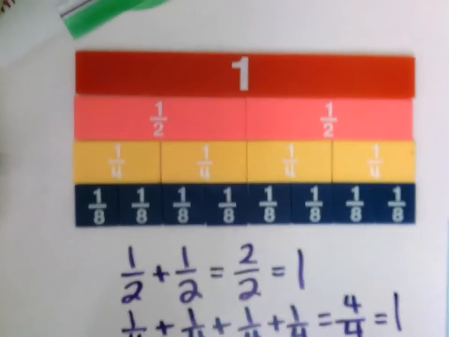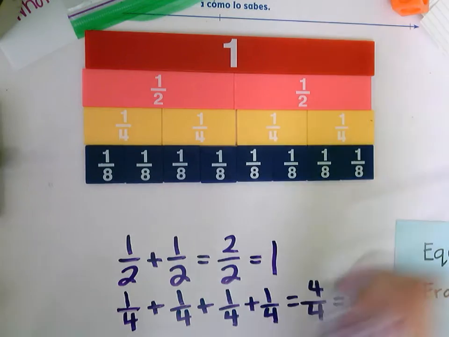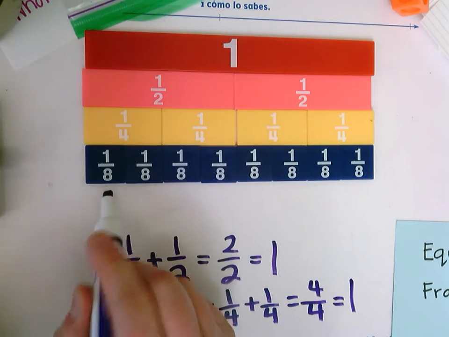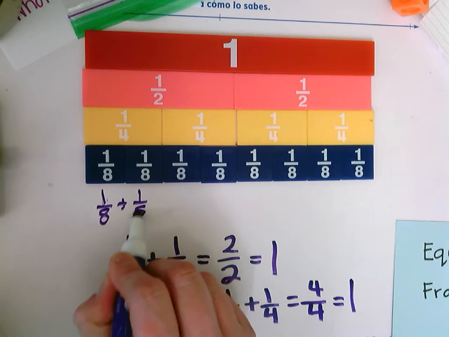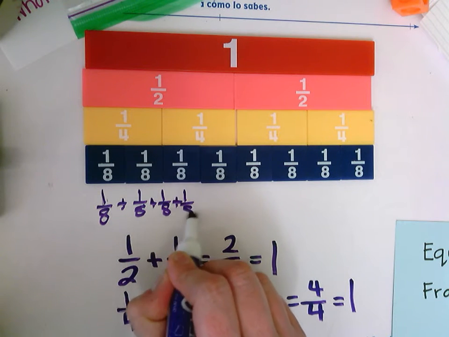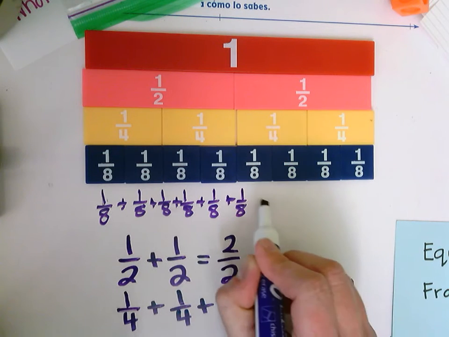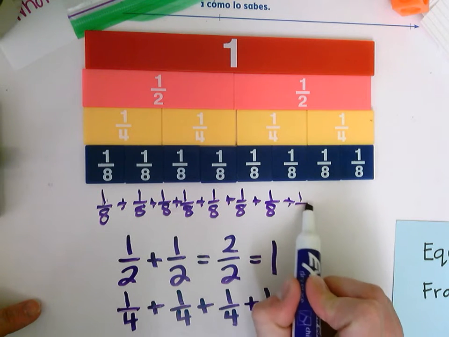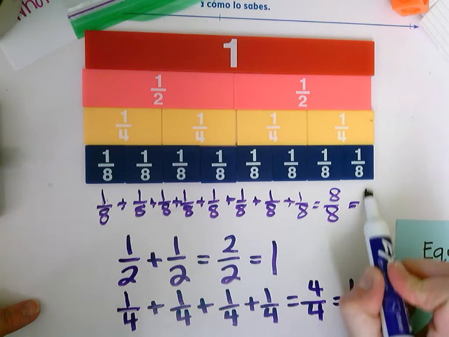I'm running out of space. We're going to move up here. Same thing with our eighths. 1/8 plus 1/8 plus 1/8 plus 1/8 plus 1/8 plus 1/8, oh goodness, plus 1/8 equals 8 eighths, which equals 1 whole.